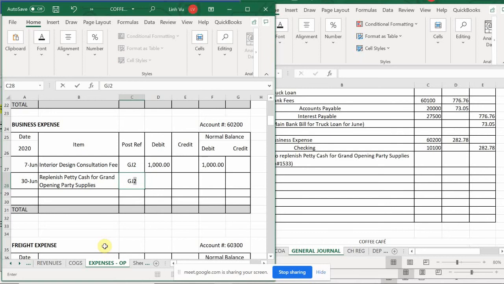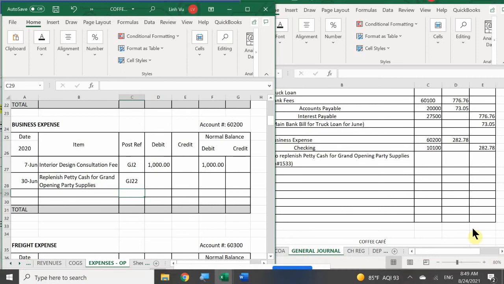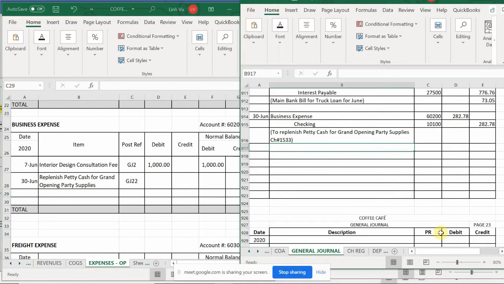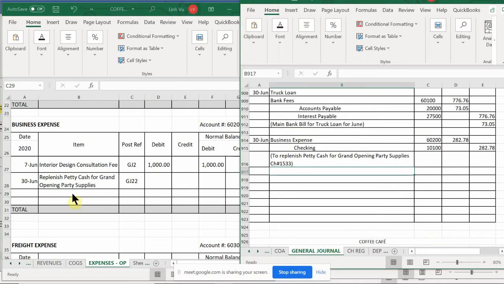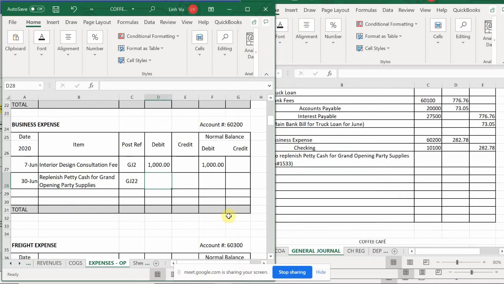General journal, I believe we were on 22. Okay. We increased it by $282.78. So therefore my grand total amount should be $1,282.78.